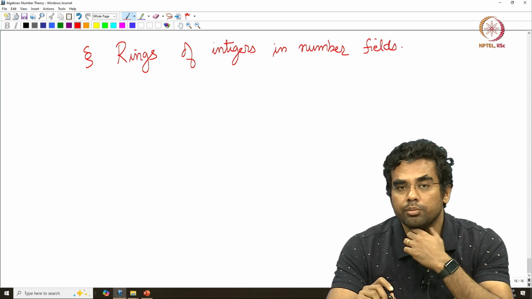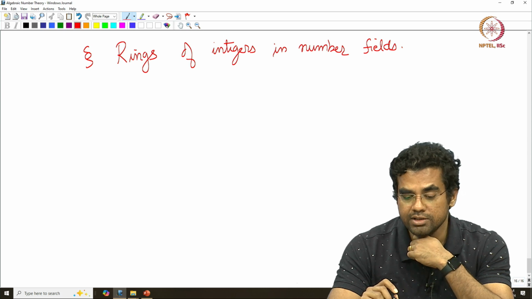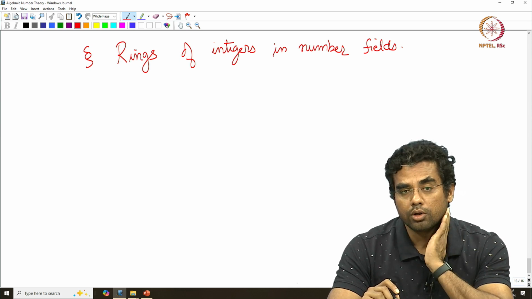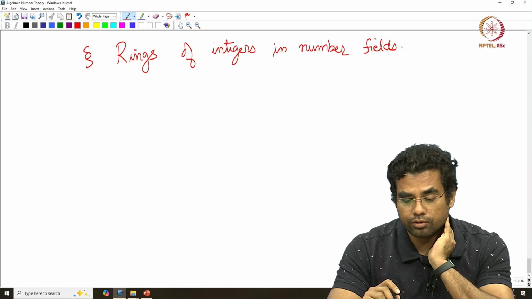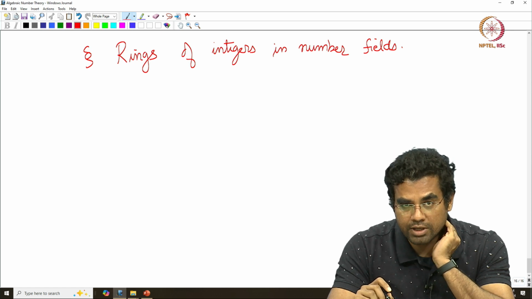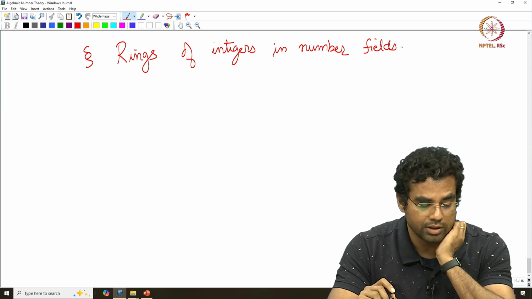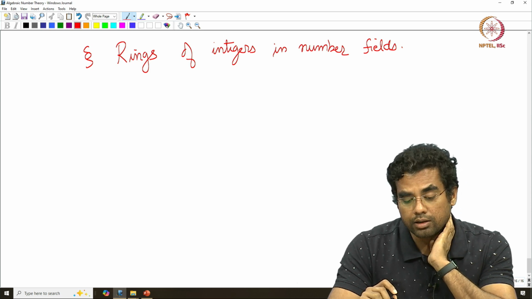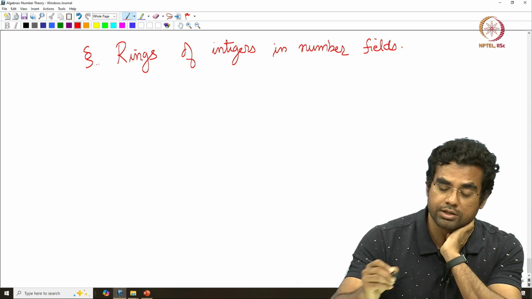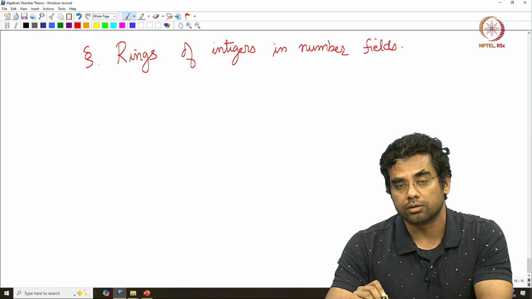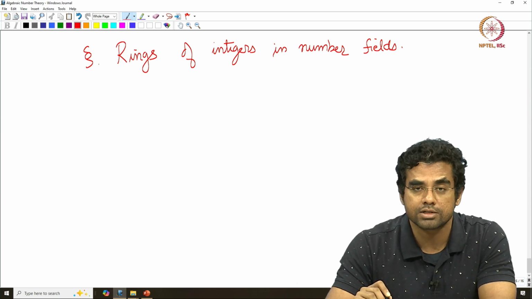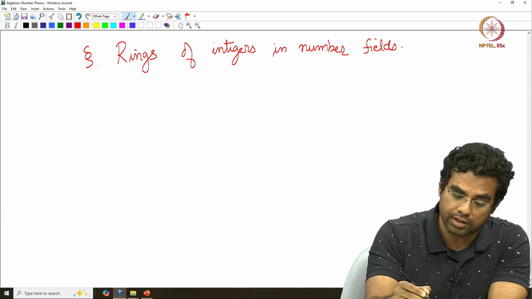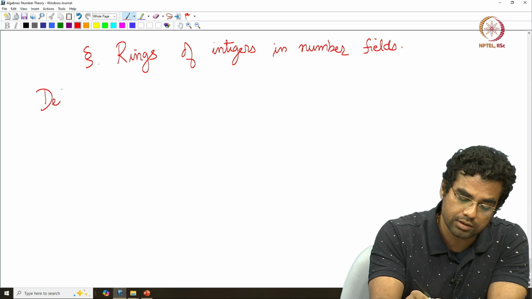So, algebraic numbers are numbers that are algebraic over Q, but one can define a notion of what it means to be algebraic over Z, the set of integers, and that is what I am going to do next. And then we will consider all elements that are algebraic over Z. These are called algebraic integers. So, let me define it first.